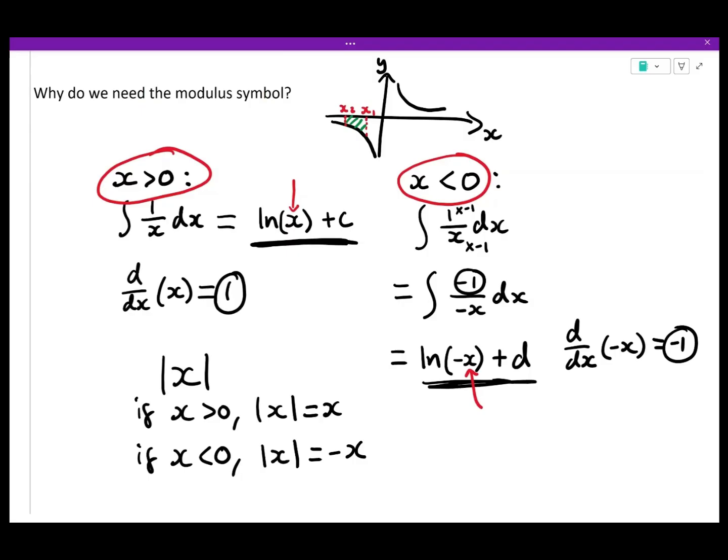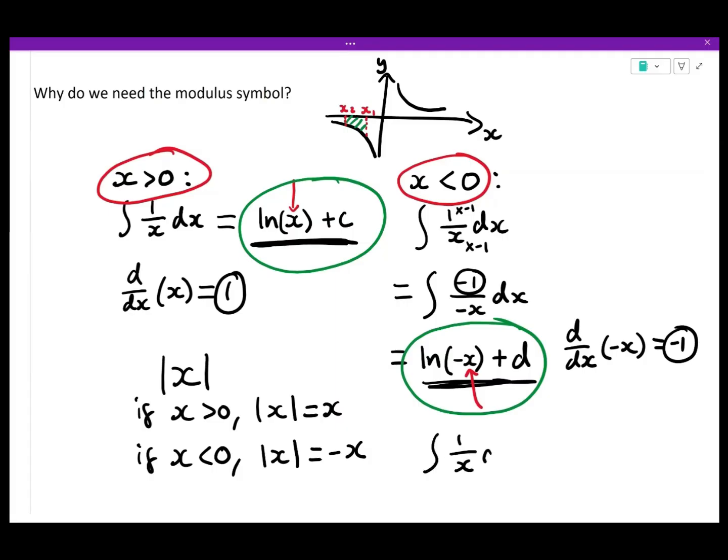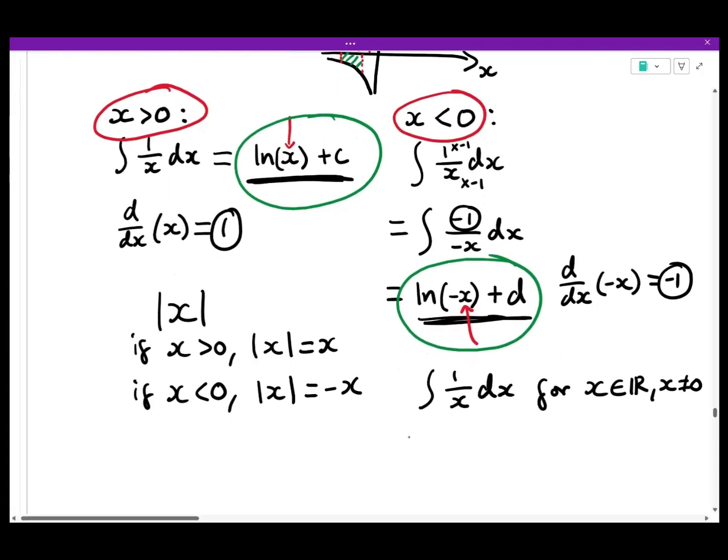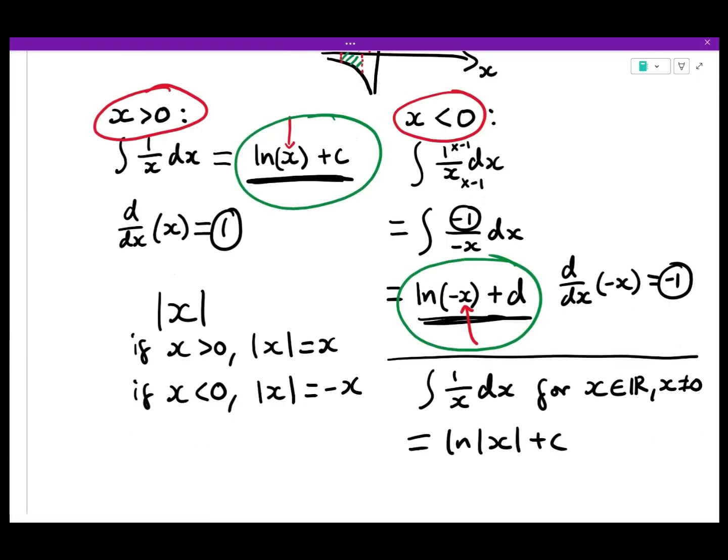So what this allows me to do is to summarize these two results as one single result, where we would write that the integral of 1 over x with respect to x for all real valued x where x is not equal to 0 would be equal to the natural logarithm of the modulus of x plus c. And that is a complete summary of my two green circled results in one.